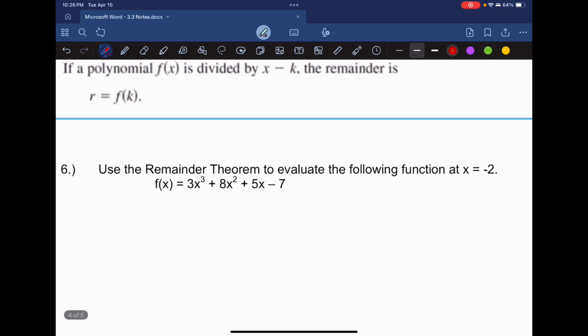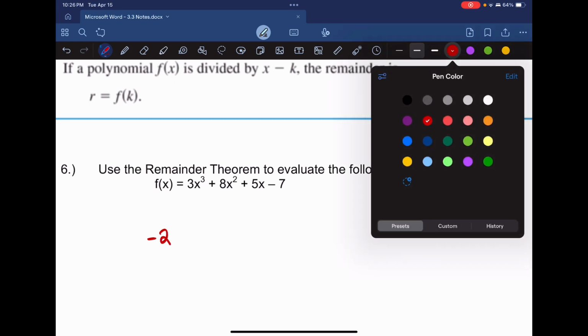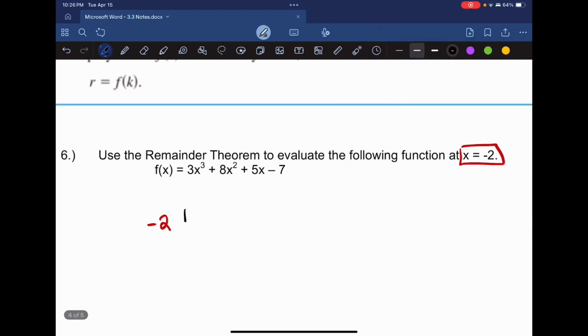So here's our first one. It says use the remainder theorem to evaluate the following function at x equals -2. I'm going to take my -2, and that's what goes on the outside, because that's what I'm testing. Now I have the leading coefficients, 3, 8, 5, and -7. Let's do our synthetic division. I bring my first number down.